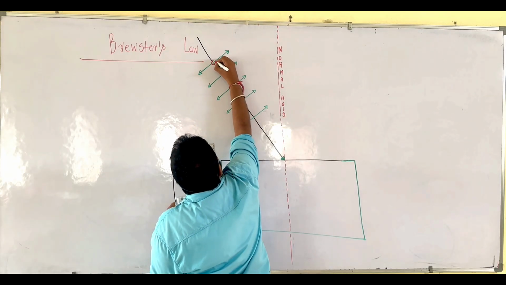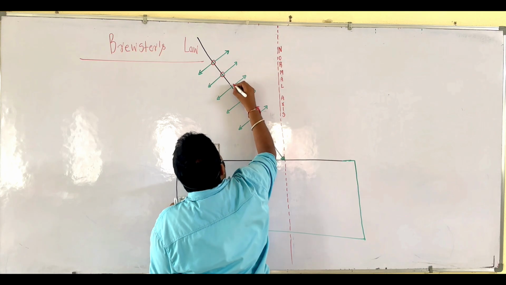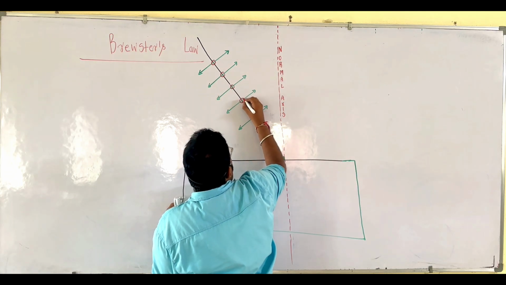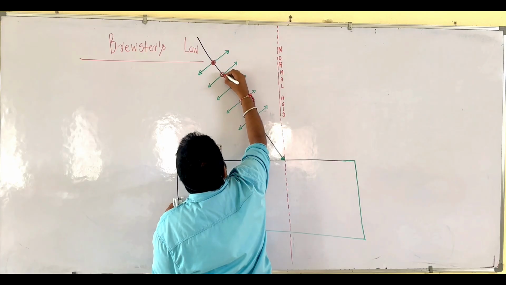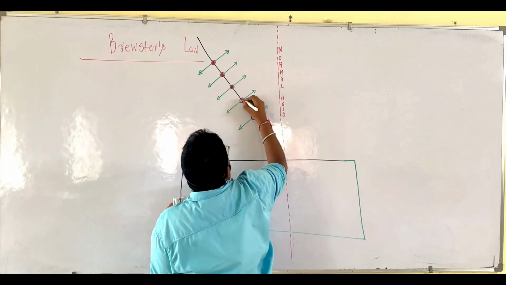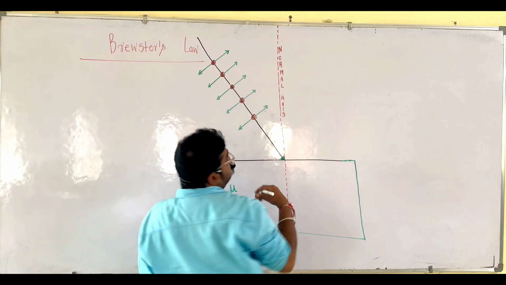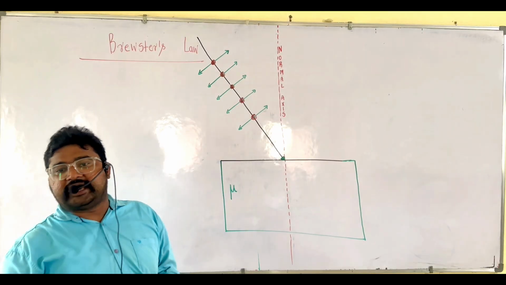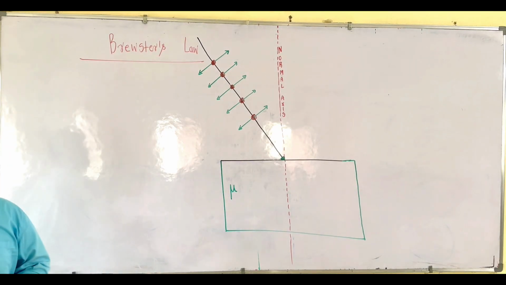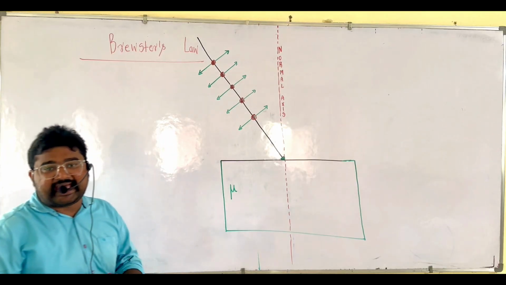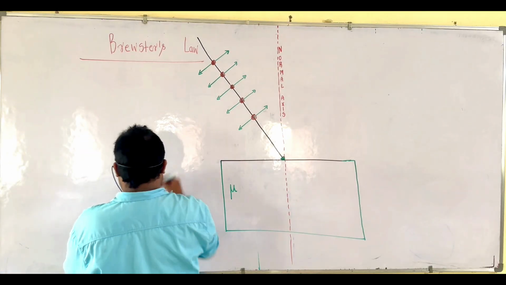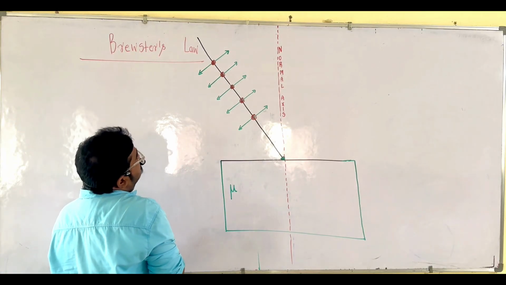Here, another electric field is oscillating perpendicular to the plane of paper. So more than one electric field is vibrating. In that case, we can call that light ray unpolarized light.